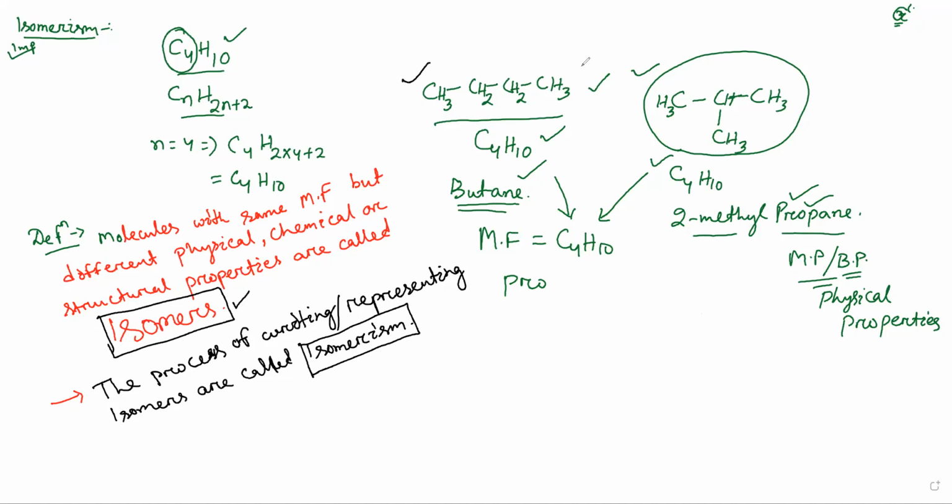Okay, so by knowing this, we know there will be many isomers. To classify them, we have to know the different types of isomerism. Here we are going to see the classification of isomerism. We will see a tree diagram where we classify isomerism.